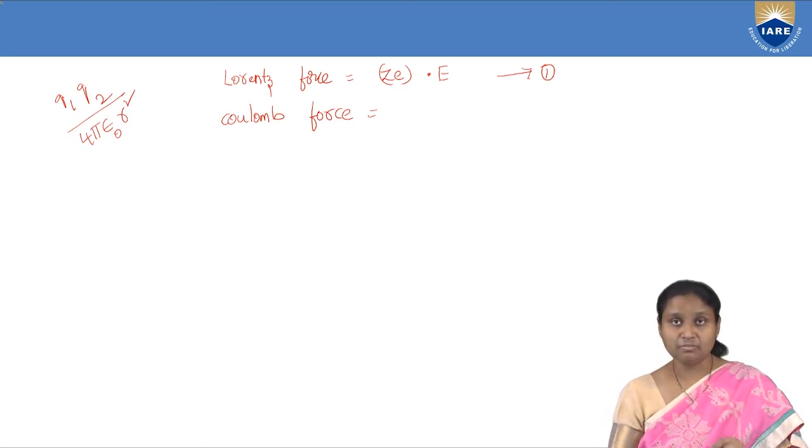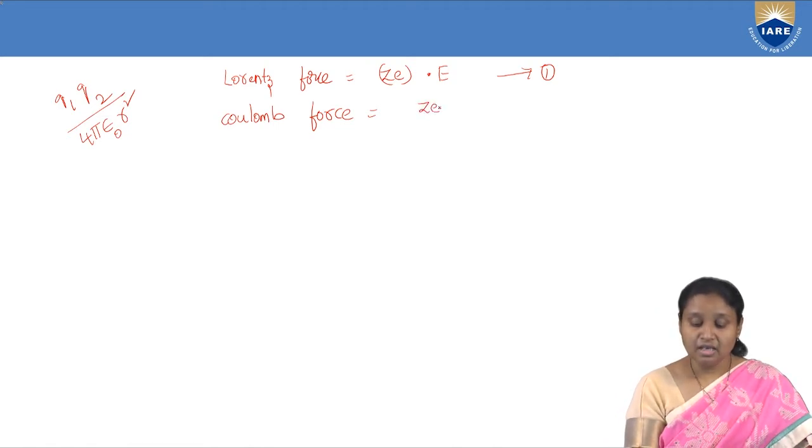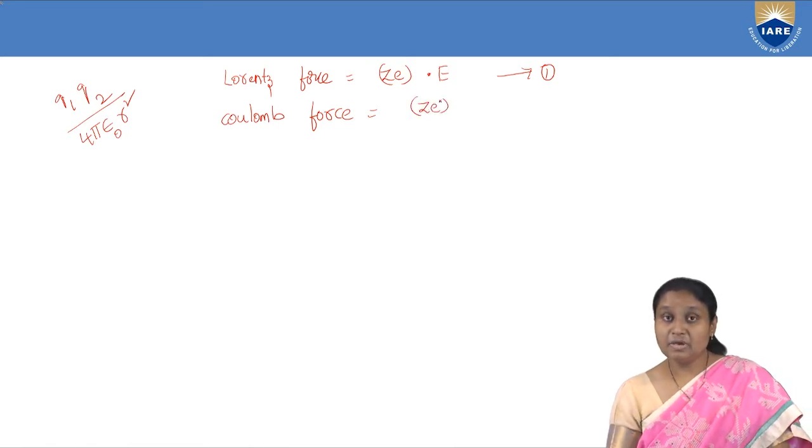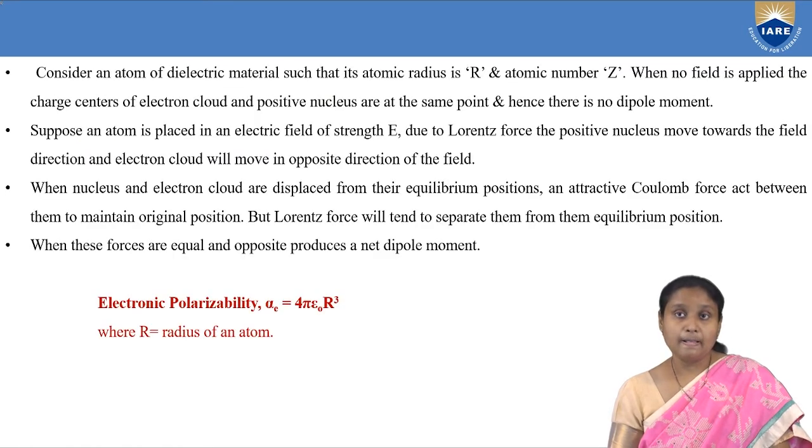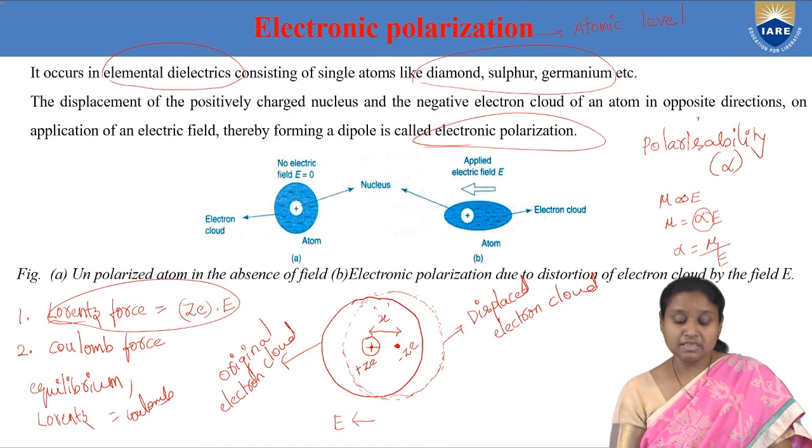But in this case, what are my two charges? One is my nucleus, whose charge is Ze, and the other is my electron cloud.